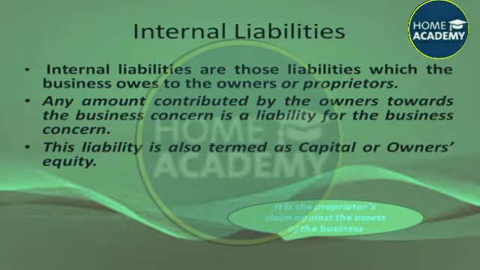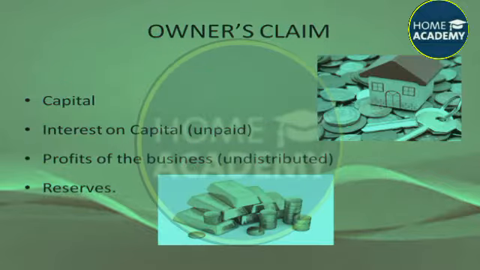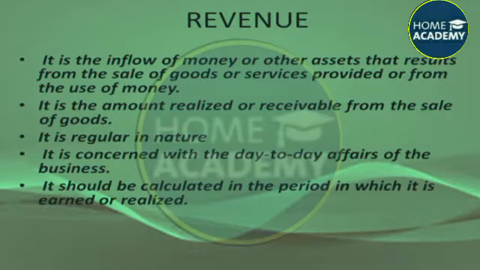So, the business owes this amount back to the proprietors and the owners. Some examples: capital, interest on capital, profits of the business, the undistributed profit, and the reserves and surpluses that it has made over the years.